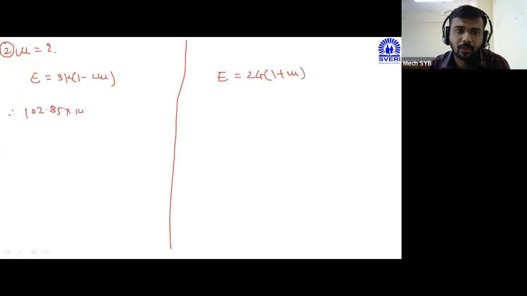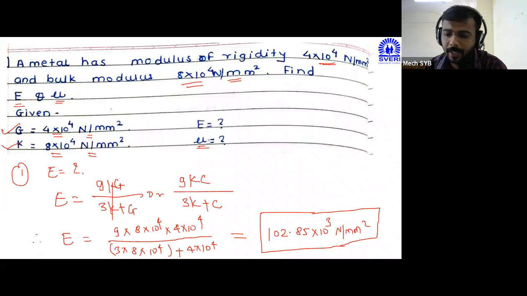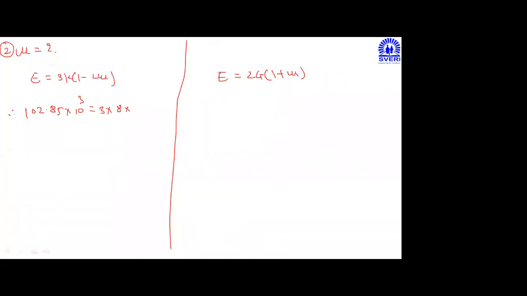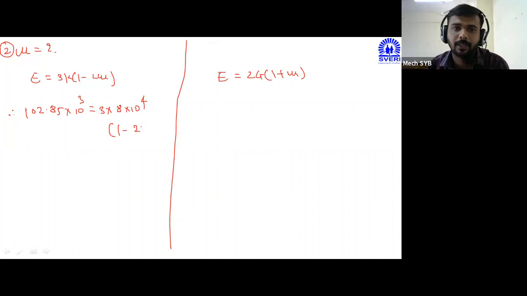102.85 into 10 raised to 3 is equal to 3 into k. What is the value of k? 8 into 10 raised to 4, in bracket 1 minus 2 mu. Okay.